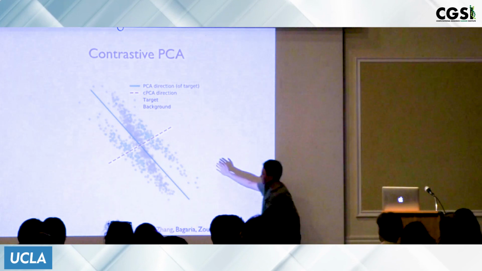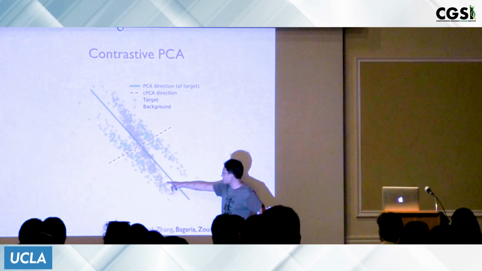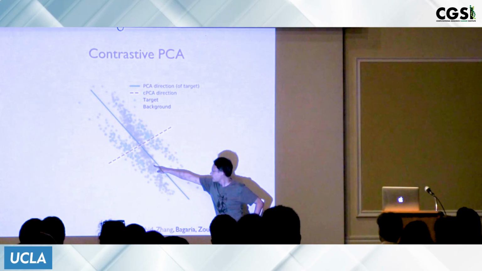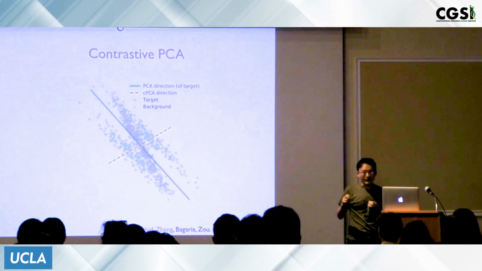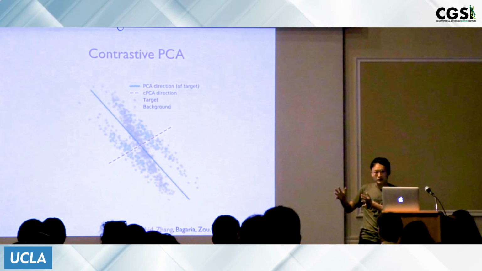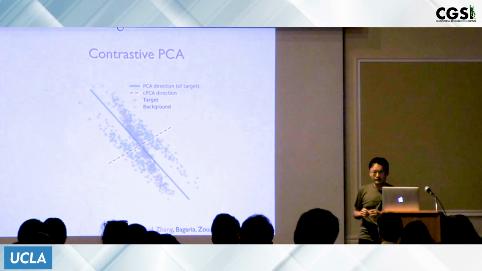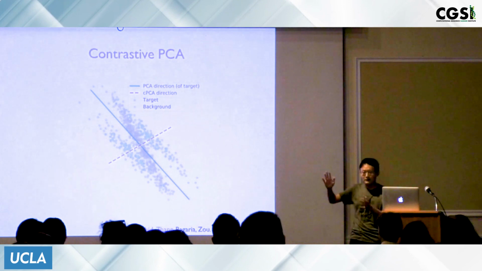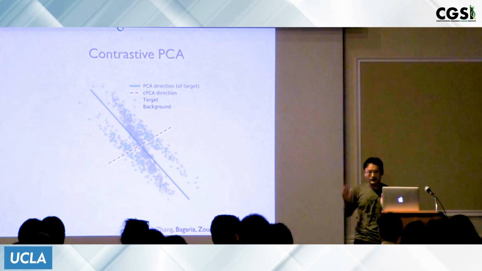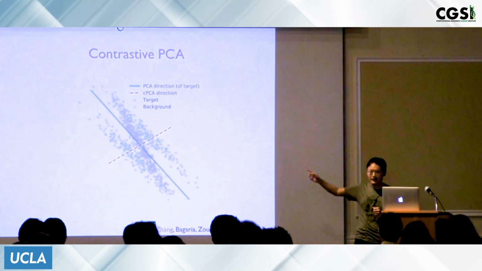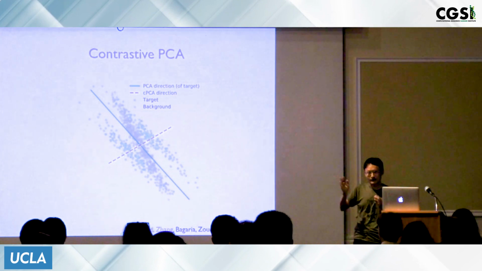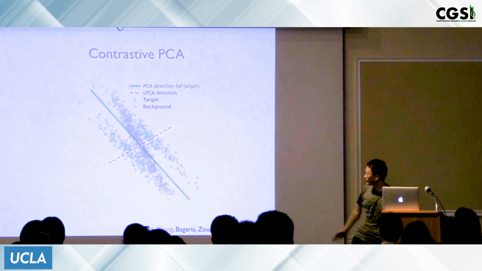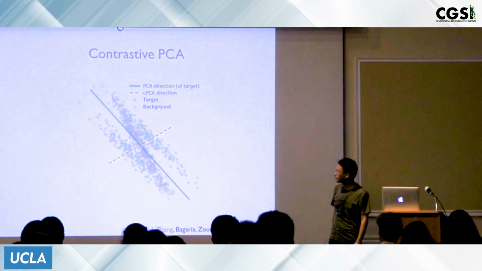I have a second data set in this example, which corresponds to the blue dots. The blue dots here are what I'm calling the background. That's some sort of background or control that you want to do your contrast against. The background will have some differences from my foreground, from my target data. But in this case, the background seems to share a lot of the common subspace. It also has a lot of variation along this diagonal subspace.